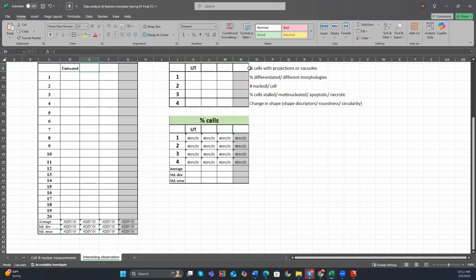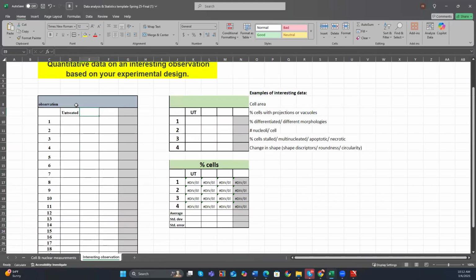So your treatments. If you don't have measurements and instead you did either percent multinucleated, or you counted number of vacuoles, number of cells with vacuoles, number of cells that are differentiated, number of cells that are apoptotic or necrotic, anything like that, then you're only going to have one number per field of view. So you had 4 fields, so those 4 numbers will go here. And again, this is going to be the raw numbers.